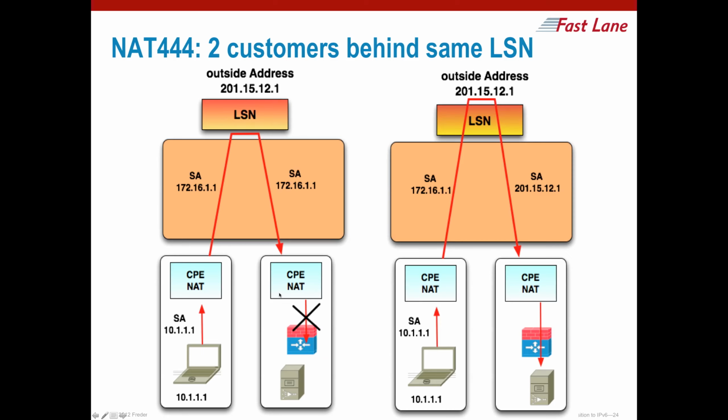A firewall which is seeing a packet coming back from the Internet with a private address usually filters this packet out, dropping the packet. Which means that we would need to translate all traffic, including the local traffic, which is going to load the LSN box very much.